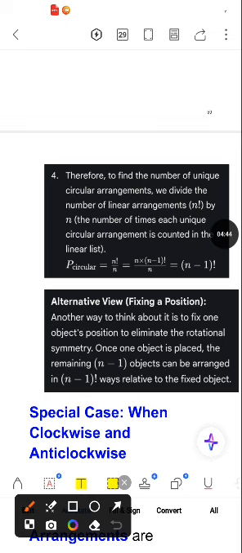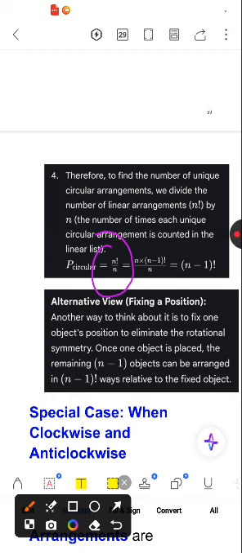So for circular arrangement, we take the total number of the objects we are considering, factorial, over the number of distinct linear permutations we obtained. There were 4. If it is 5, you get 5. If it is 4, you get 4. So over 4.